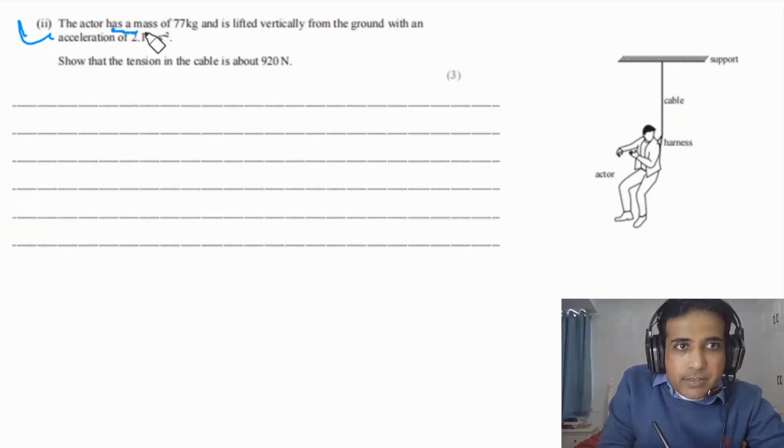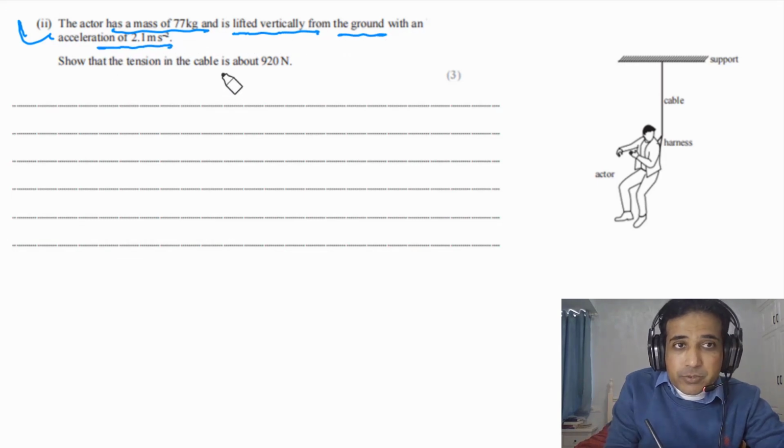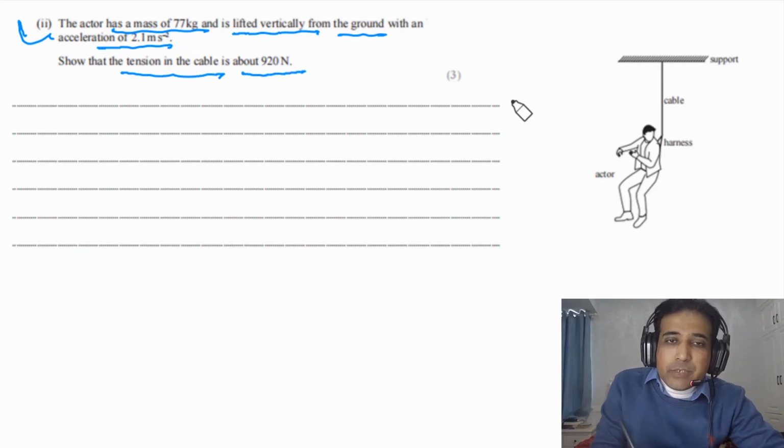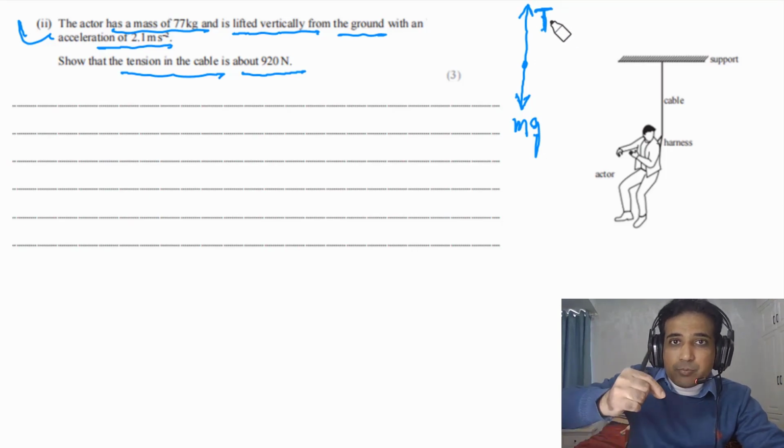The second part says the actor has a mass of 77 kgs and is lifted vertically from the ground with an acceleration of 2.1 meters per second squared. Show that the tension in the cable is about 920 newtons. As we already discussed, there are 2 forces acting on the actor along the vertical. One is mg, acting vertically downwards, and one is the pulling force. We can say this is tension in the string, or a better way to say it is the pulling force acting upwards.